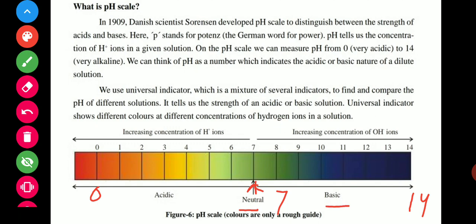Here is basic and here is acidic. As we go from 7 to 0, the strength of acids increases. If it is 4, it is a weak acid, and going further it is a strong acid.